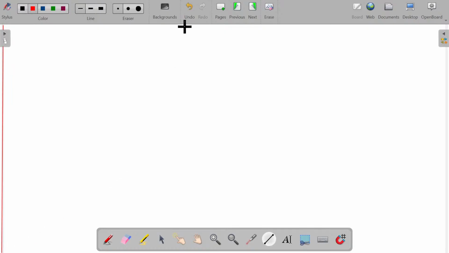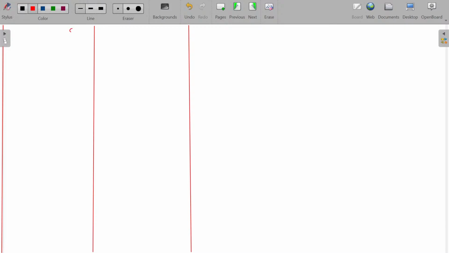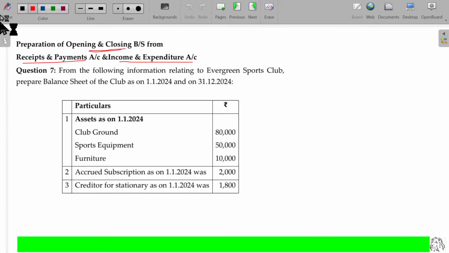Come on, join with me to solve this illustration. Opening and closing balance sheet. Opening statement of affairs and closing balance sheet. From the following information relating to Evergreen Sports Limited, prepare balance sheet of the club as on the year beginning and year end.